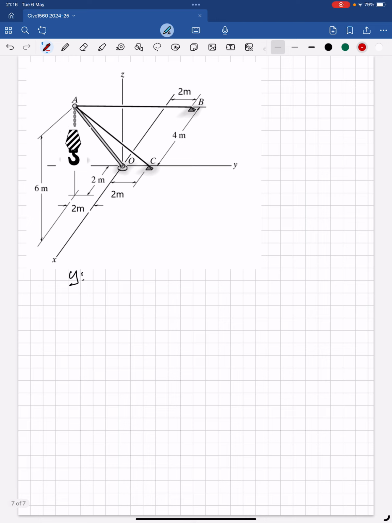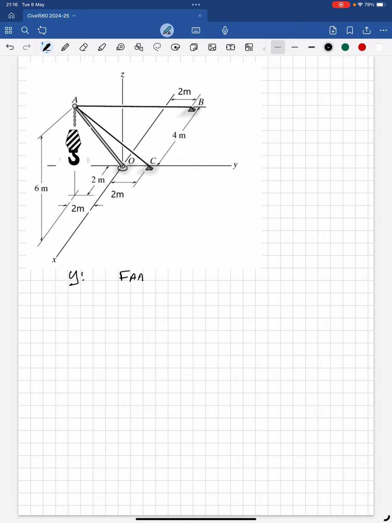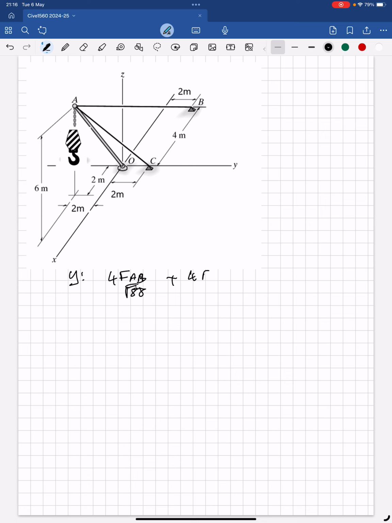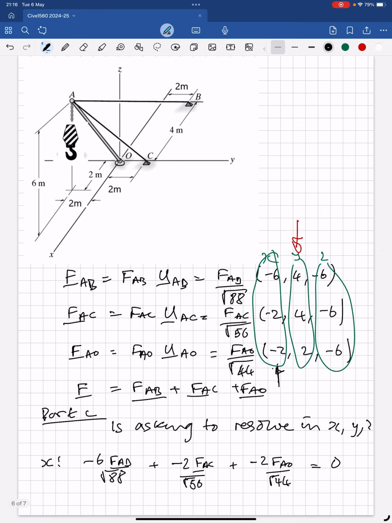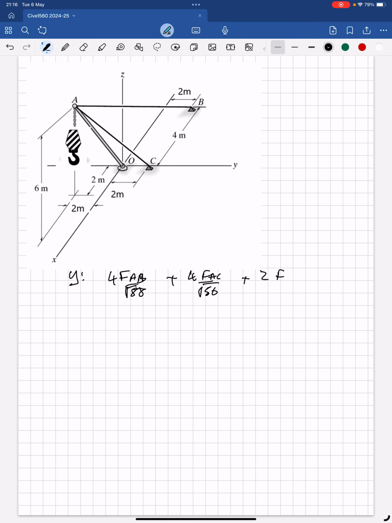So we have 4 FAB over root 88 plus 4 FAC over root 56 plus 2 FAO over root 44 equals 0.